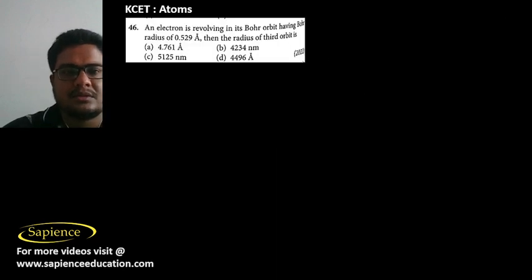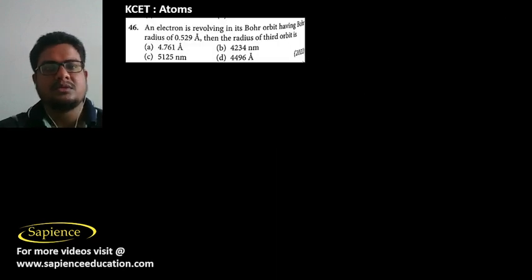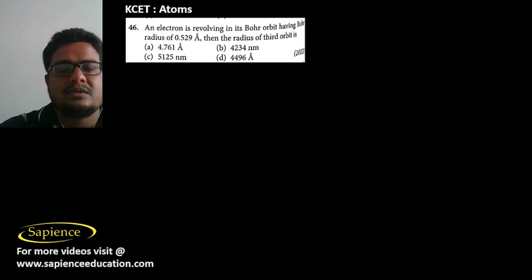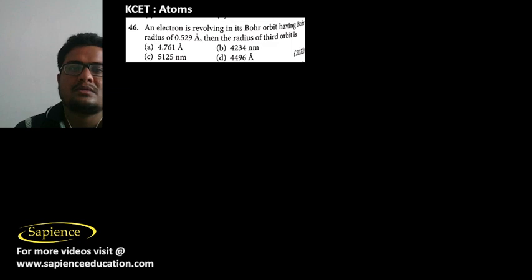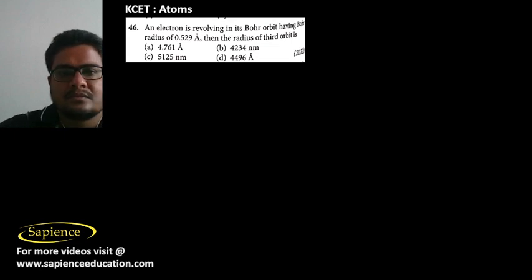Then in question number 46, it is told an electron is revolving in its Bohr orbit, having Bohr's radius of 0.529 angstrom. Then the radius of the third orbit is?